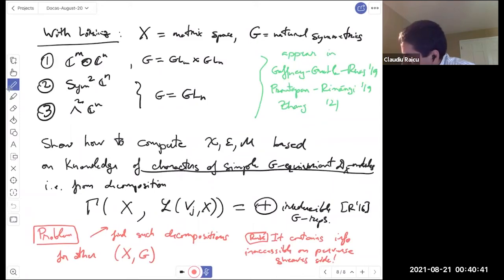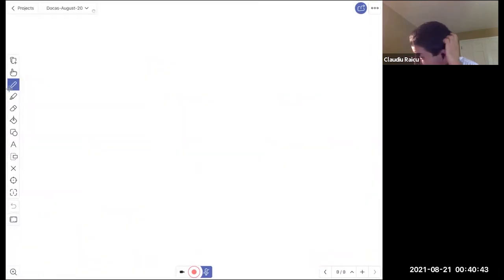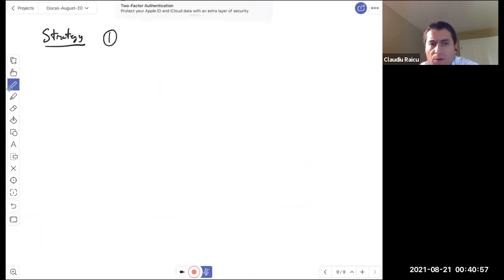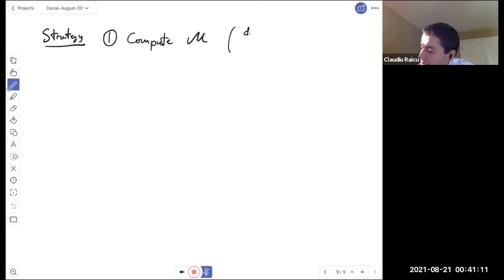Okay, so I guess I said we use the characters of simple modules. So let me just summarize the strategy for the calculation. What we do is, well, we don't really do this now. We compute this matrix M of micro-local multiplicities. In fact, it's really not too hard to do based on the characters.